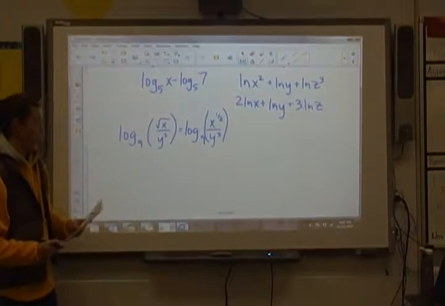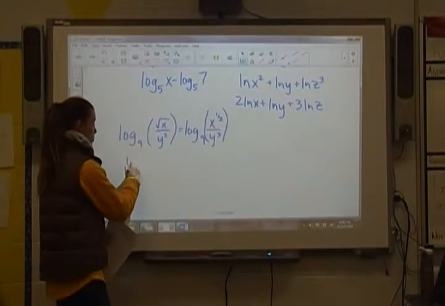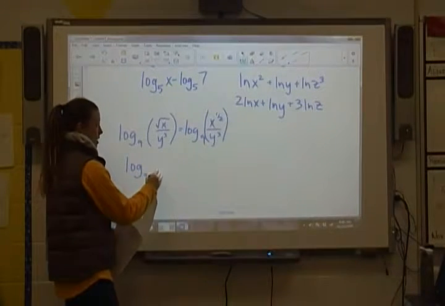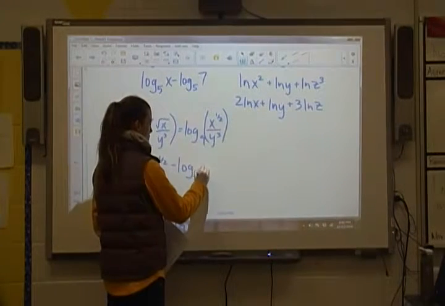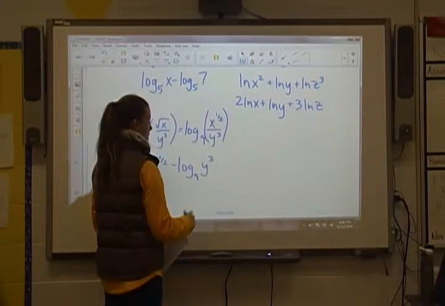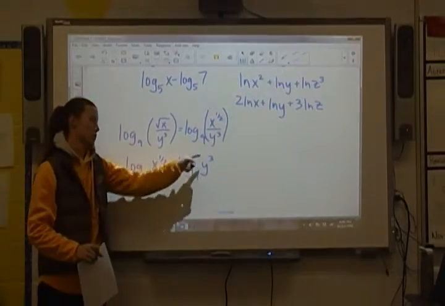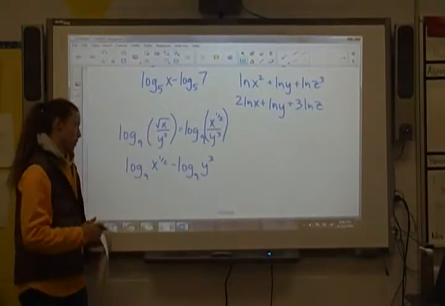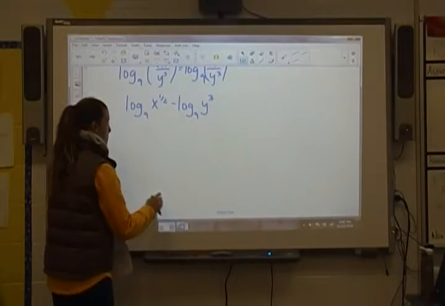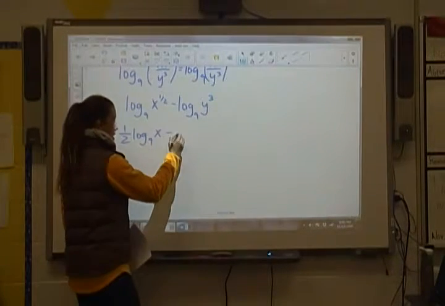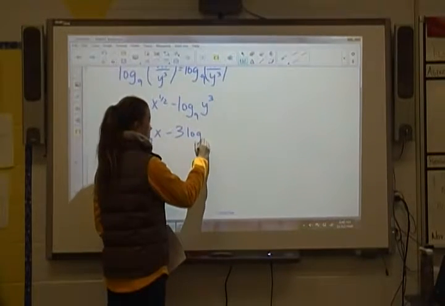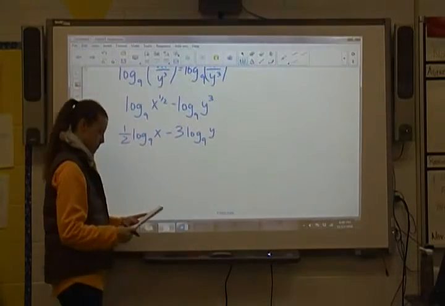And now I'm going to split that apart into subtraction. So log base 9 of x to the 1/2 minus log base 9 of y to the third power. And now I'm going to move all those coefficients to the front of each of the log problems here. So 1/2 log base 9 of x minus 3 log base 9 of y.